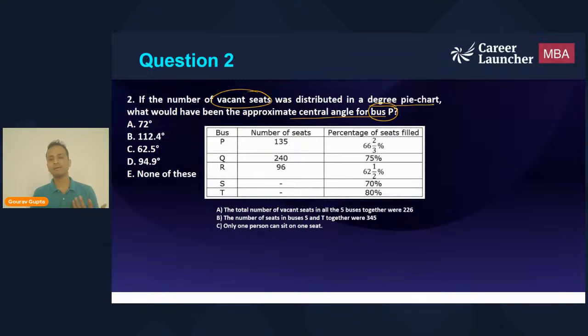So you will have to make a pie chart for the number of vacant seats. And once this pie chart is done, in a pie chart we have a central angle. So for the number of vacant seats of bus P, what will be the central angle?